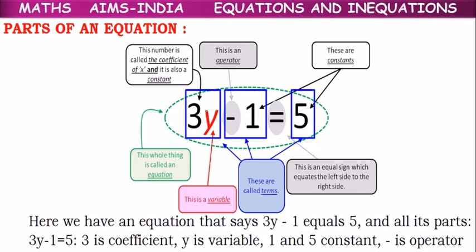In the terms, each term can contain constants like 3 and variables like y. So here 3y is a single term, which is a combination of the constant 3 and y, which is a variable. Y is a variable, which means it is open for any value.